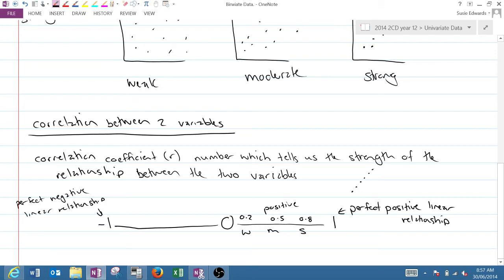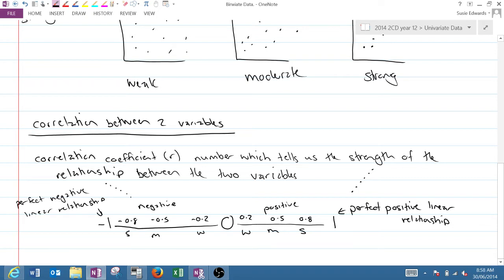So once again, straight line, but it's going in a negative direction. And this time, -0.2 would be a weak negative relationship, -0.5 moderate, -0.8 strong negative linear relationship.